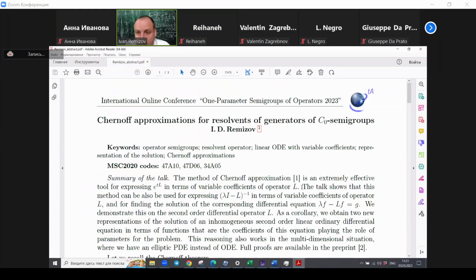That's it. In the talk, I will show that this method can also be used for expressing the resolvent of that operator in terms of variable coefficients of operator L, and for finding the solution of the corresponding differential equation. For example, if L is a second order differential operator acting on the space of functions that maps, say, R^n to R, then this is an elliptic equation for function f.